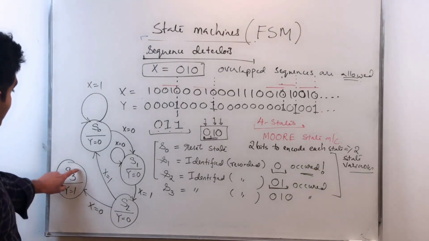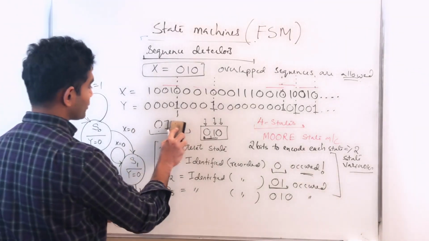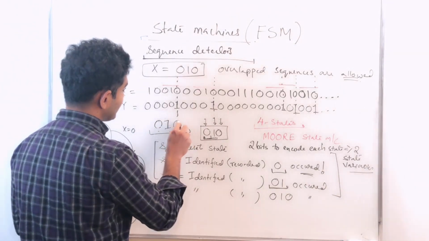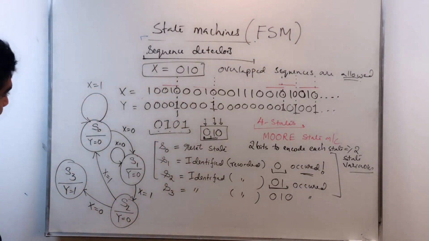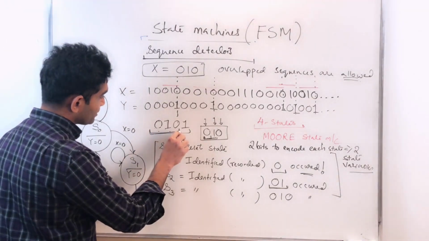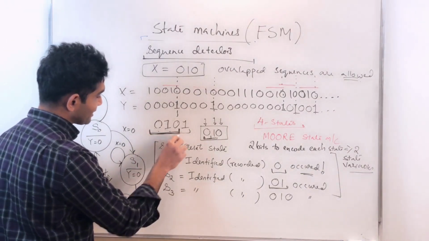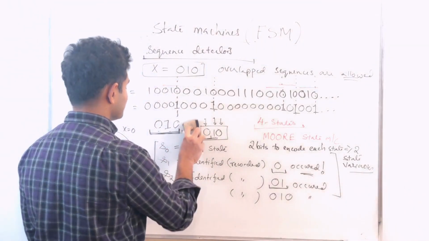All right. Now I'm in the S3 state. That means a 0, 1, 0 has already occurred in the input stream. Let's start with a 0.